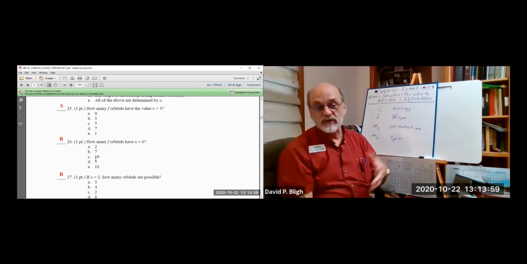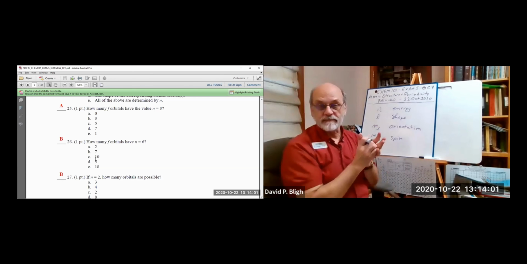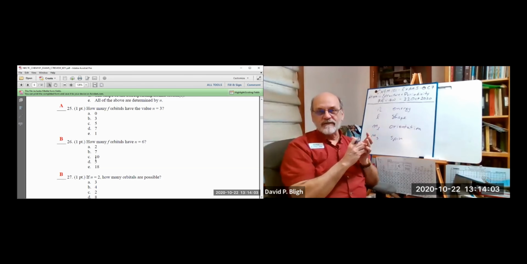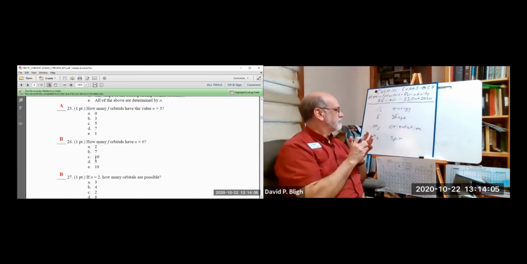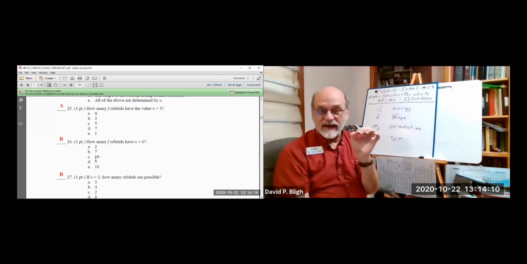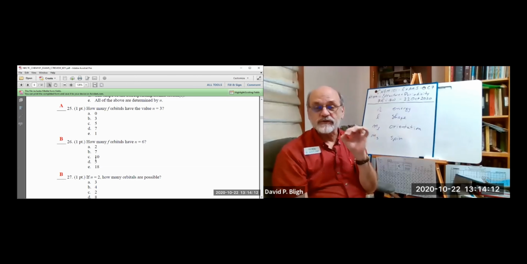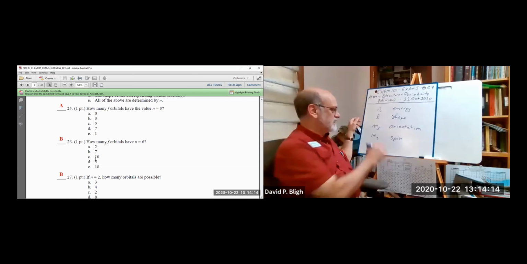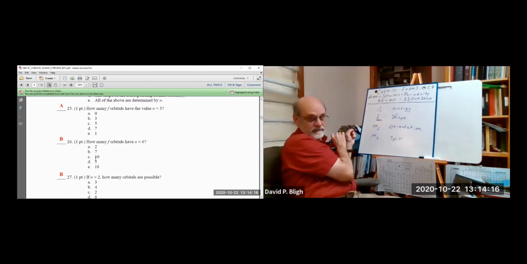Okay, now let's go to 25, was it? How many F orbitals have the value n equals 3? Well, remember the letter equivalence refers to which one of these? This one. All right.